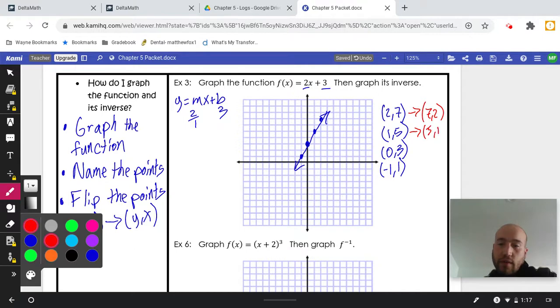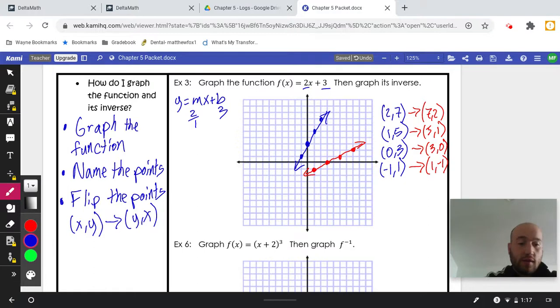We get (5, 1), (3, 0), and (1, -1). Then step 4, I got a little ahead of myself, we plot the new points. And we're done.